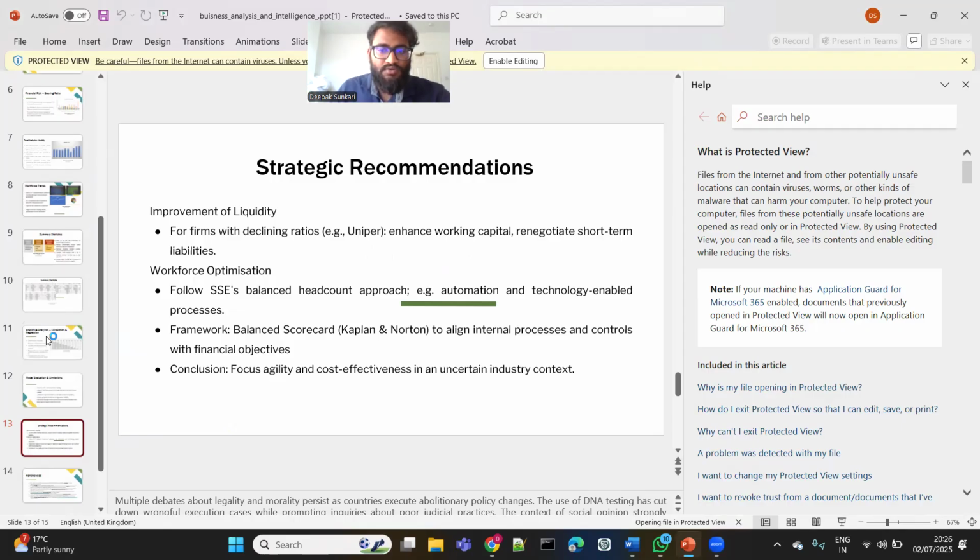The descriptive results and predictive results are two main areas where management should focus. According to the balanced ratios placed in the PPT, liquidity ratios are decreasing, like Uniper. This can be improved by better working capital planning, short-term obligations renovation, or selling non-core assets.